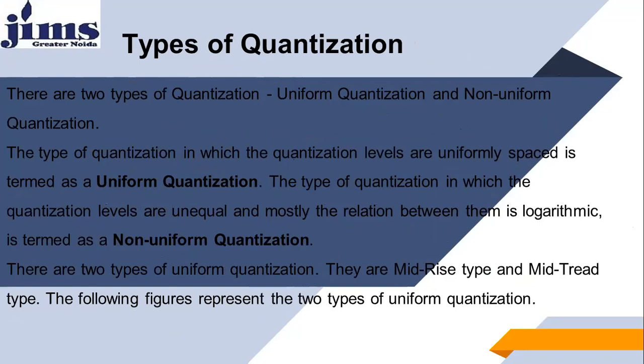Then that process comes in the category of uniform quantization, where you can't change the quantization level. It is fixed. If the step size is 1 volt, this step size should be maintained at 1 volt throughout the process of quantization. Then this process is called uniform quantization. And non-uniform quantization means your step size is flexible.